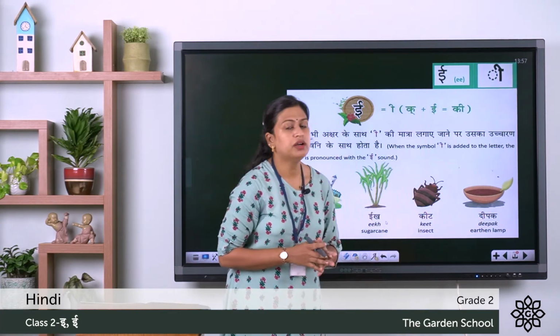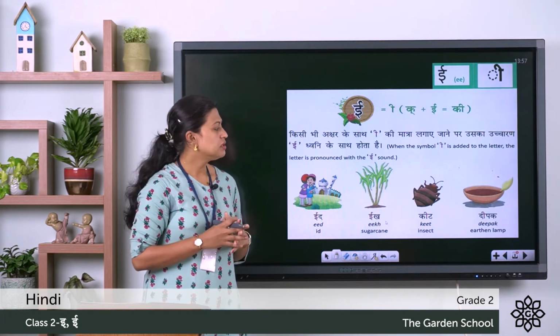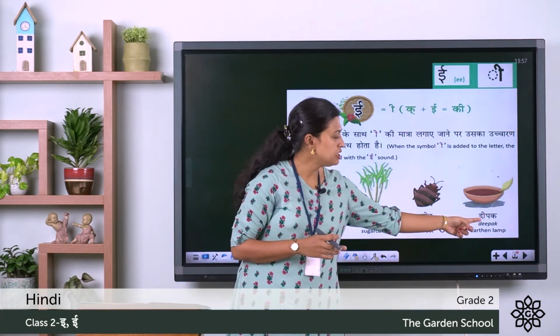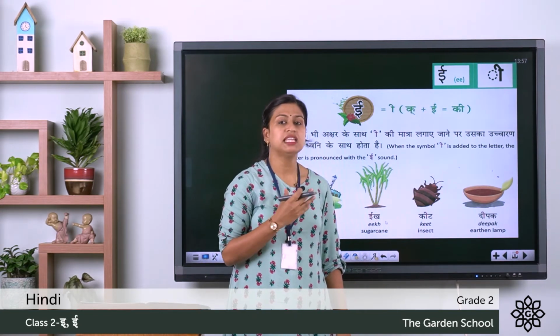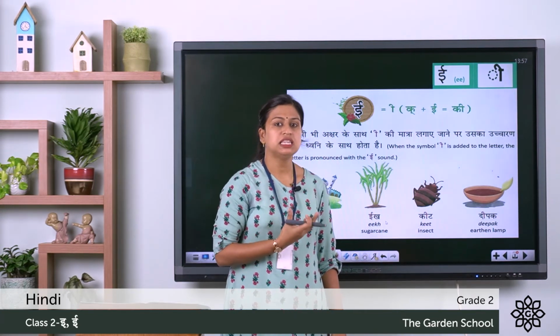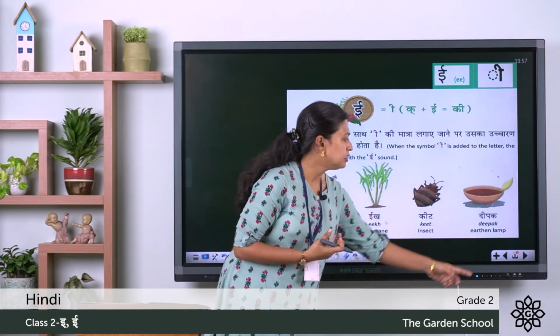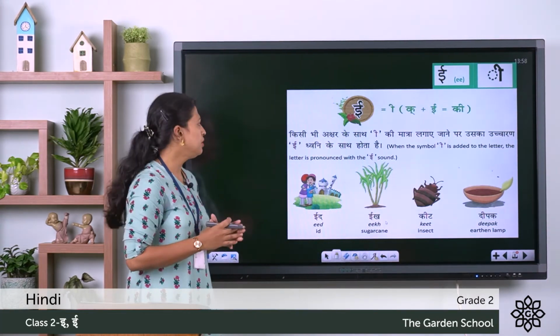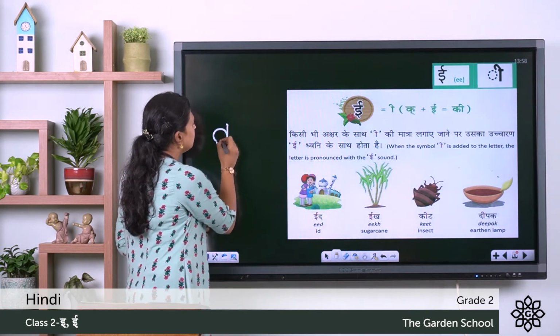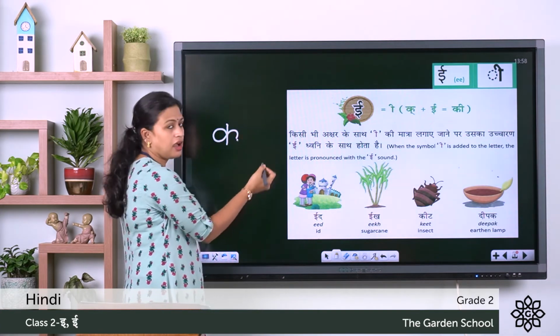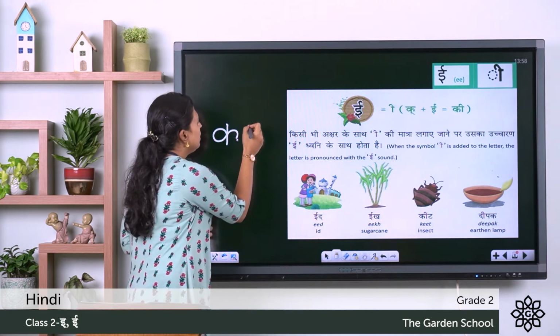Fourth one, the word is Deepak. So here you can see Vyanjanakshar Da plus E ki matra, and we say Dee. The word is Deepak. Deepak means earthen lamp. So I'll show you once again. So here Ka, and after Ka we write the E symbol.